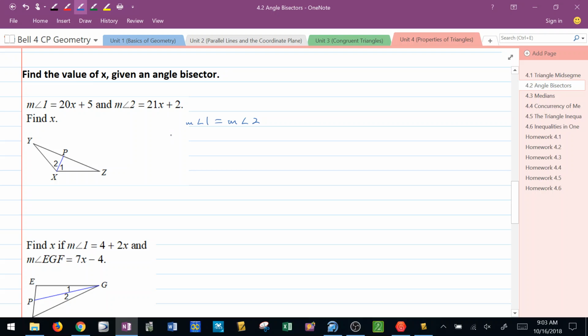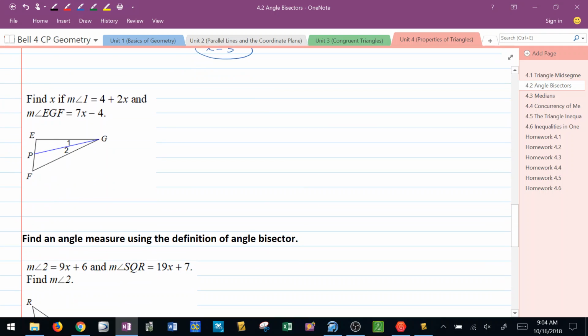I'm going to substitute 20x plus 5 for angle 1 and 21x plus 2 for angle 2. I'm going to solve for x by moving 21x over, so I have negative 1x plus 5 is equal to 2. Subtract the 5, negative 1x is equal to negative 3, or x is equal to 3. All right?